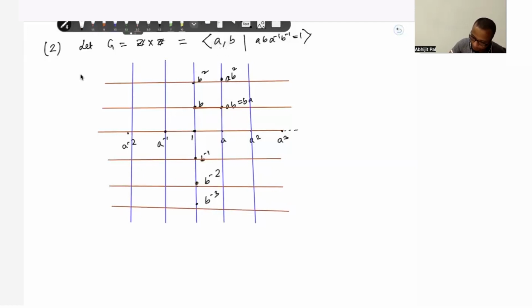Yeah, so you'll get this lattice in R2. So this is the Cayley graph of this group.